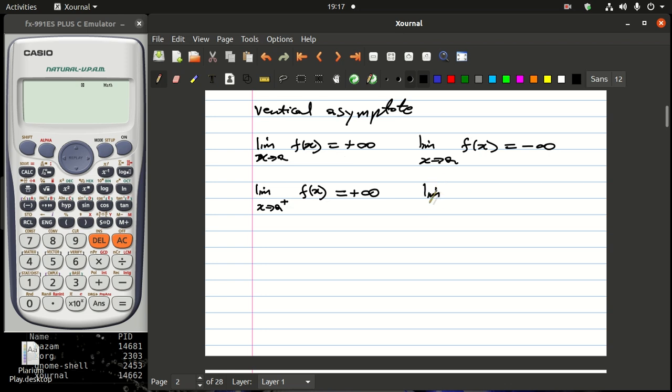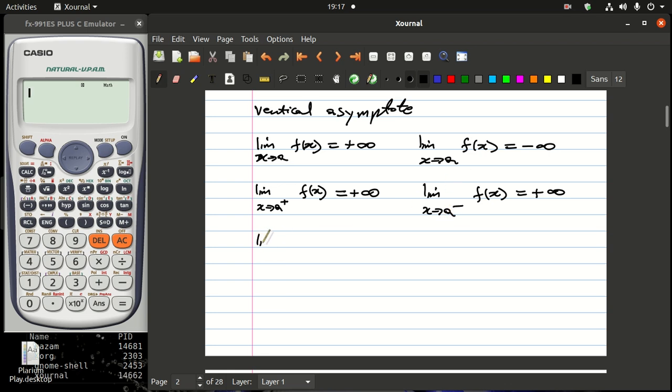If you are taking the limit as x approaches a from the left of f of x and you are getting positive infinity, then just know that there is a vertical asymptote at x equal to a.